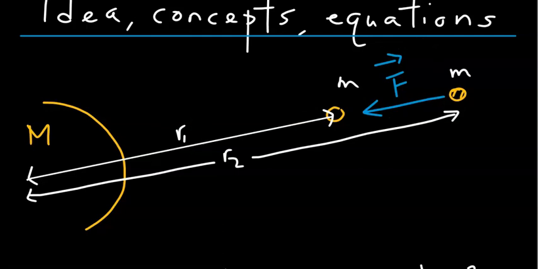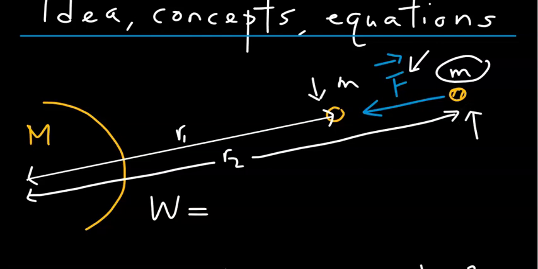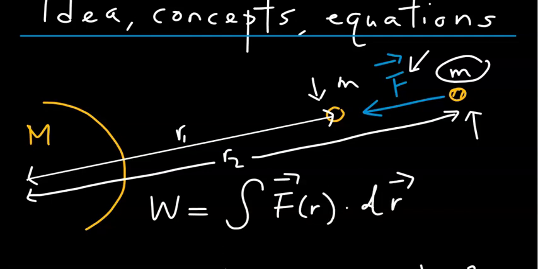So let's calculate the work done by this force F on this mass m as it moves from this point to that point. That expression for work is the integral of that force involved, which is a function of r, dotted into this displacement.